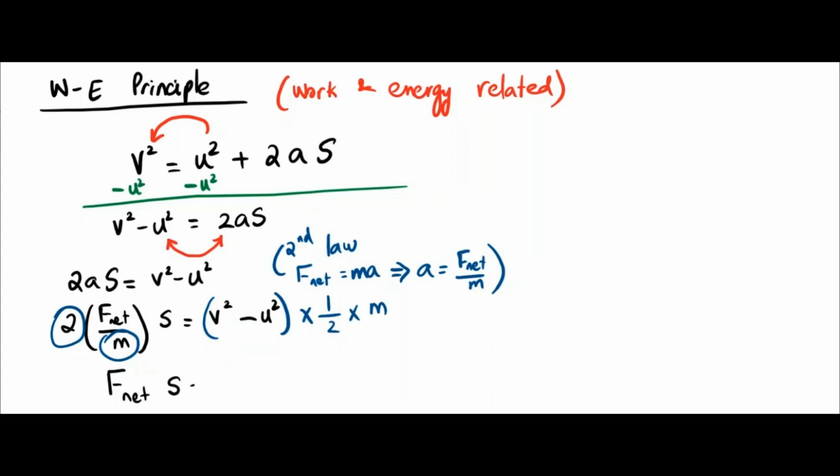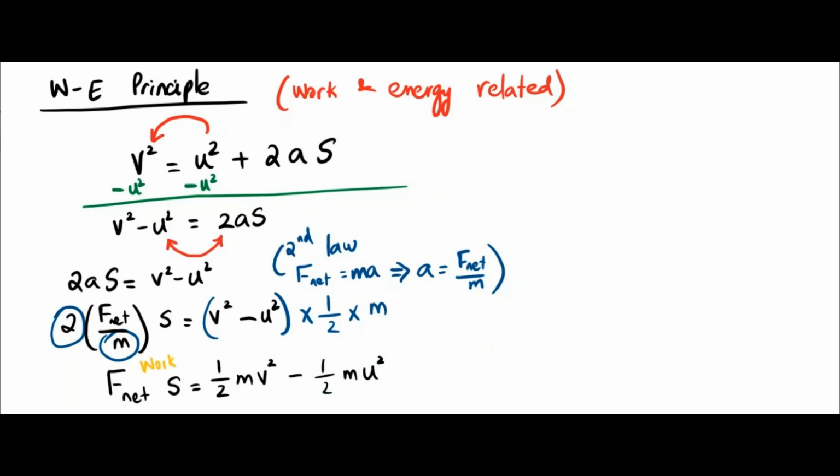So let's rewrite this equation. I got rid of the 2 and the m on the left hand side, and on the right hand side I got a term half m multiplied with v squared minus u squared. Now again, I can rewrite this form as half mv squared minus half mu squared by using the distributive property.